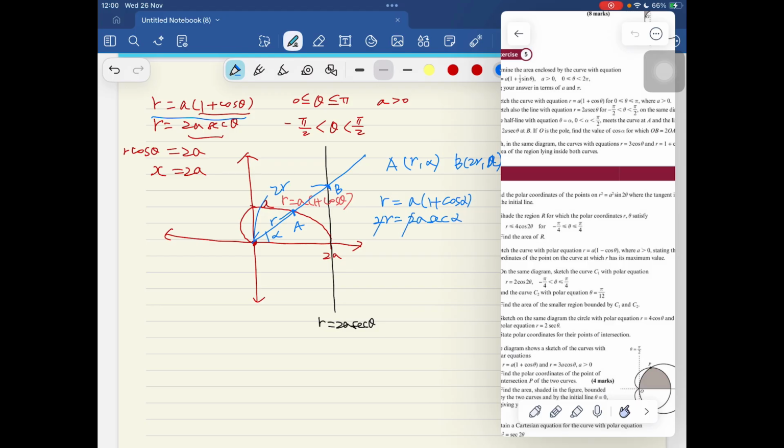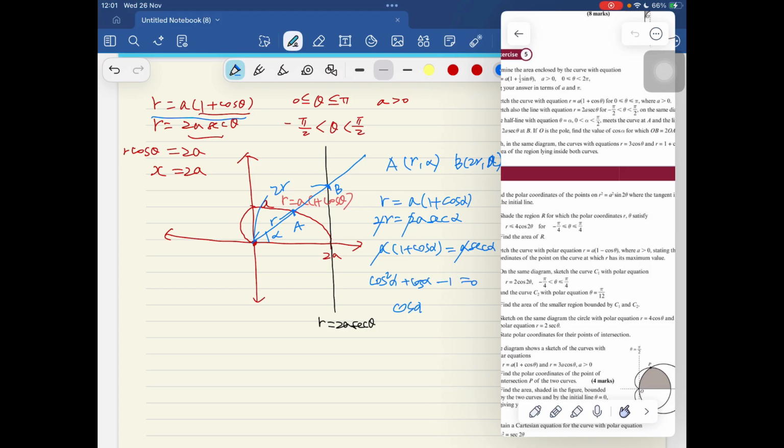When we cancel 2 on both sides, both are r. So a(1 + cos alpha) becomes a sec alpha. Multiplying by cos alpha on both sides, cos squared alpha plus cos alpha minus 1 equals 0.